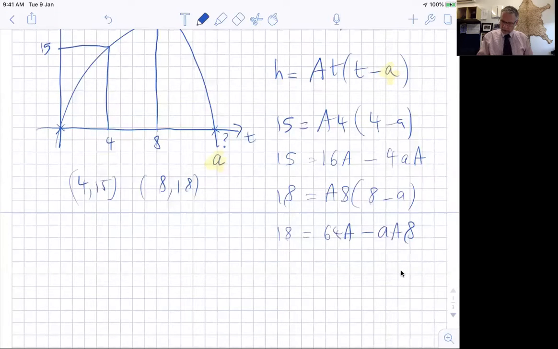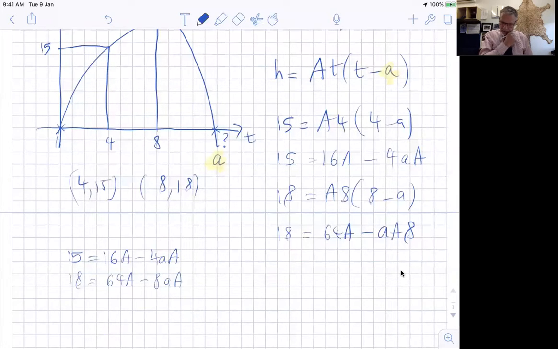So let's take these 2 equations and line them up one under the other, and we need to solve these simultaneously. So 15 is equal to 16A minus 4a, and 18 equals 64A minus 8a.